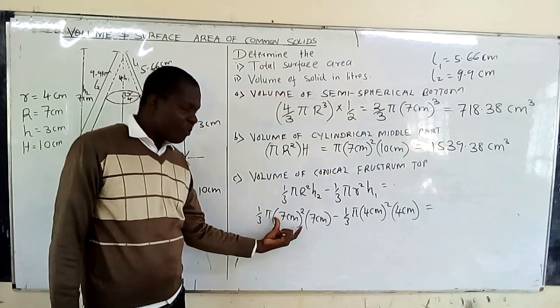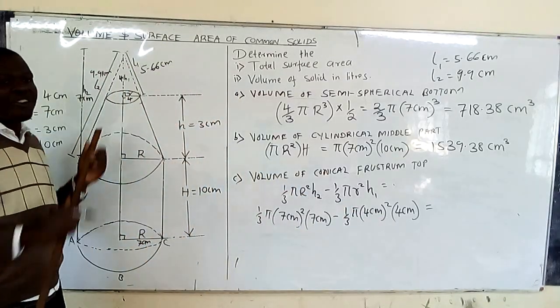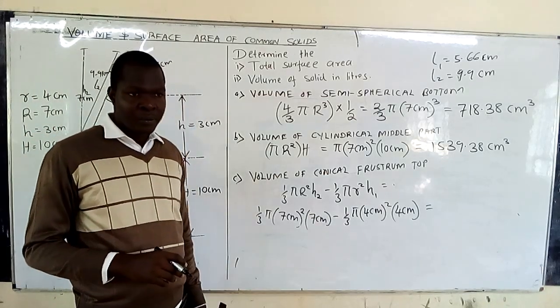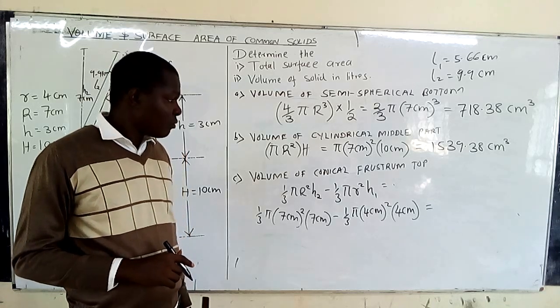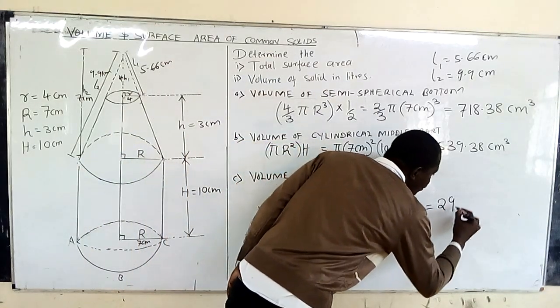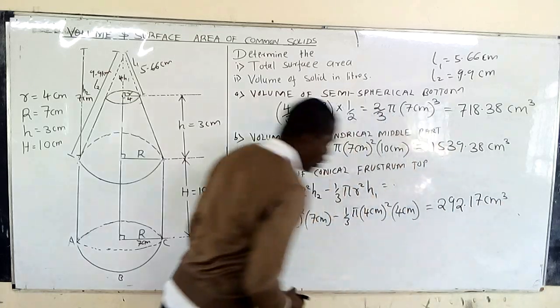It's the volume of the bigger cone minus the volume of the smaller cone, to give us the volume of the first drum part, which is 292.17 centimeters cubed.